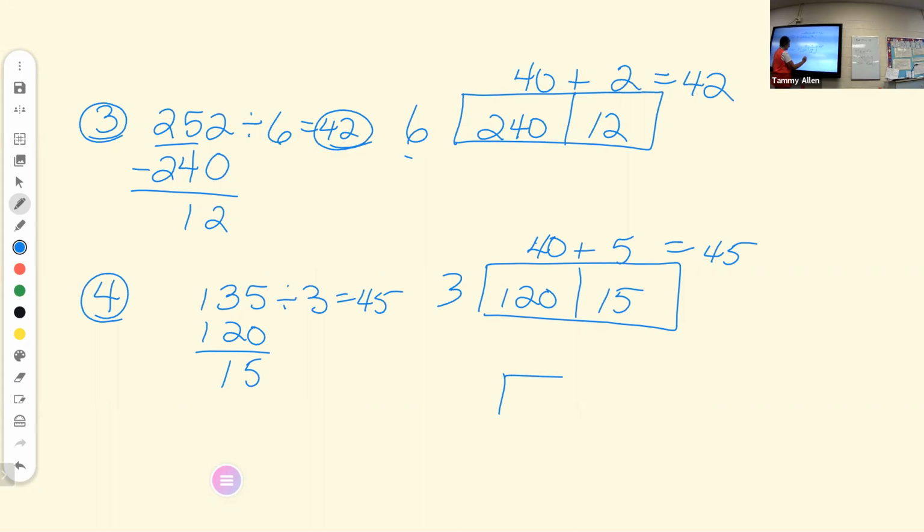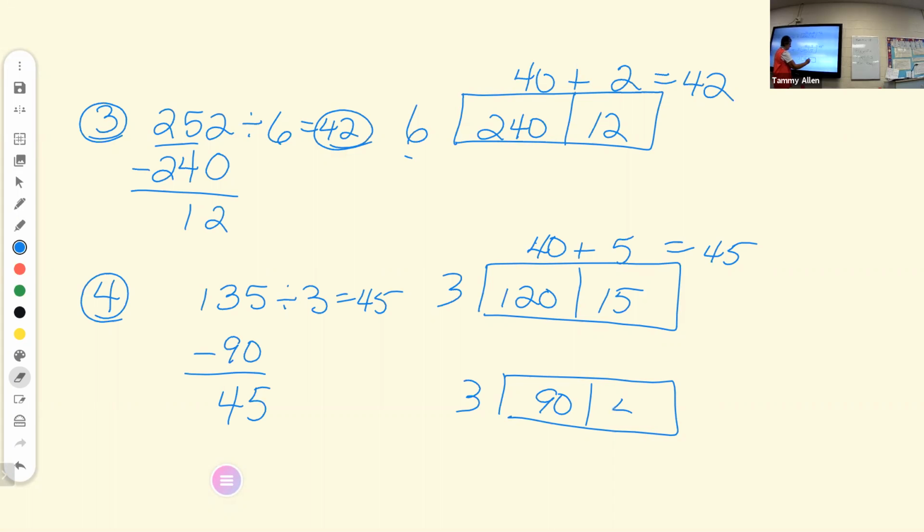Let's do it another way. What if you had chosen 9, which would have been 90? Is it still a multiple of 3?